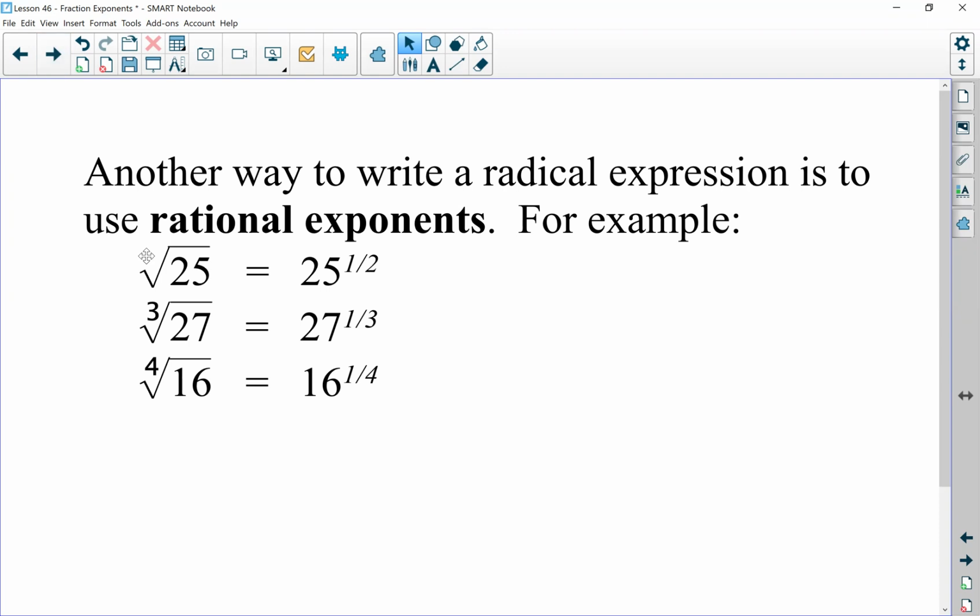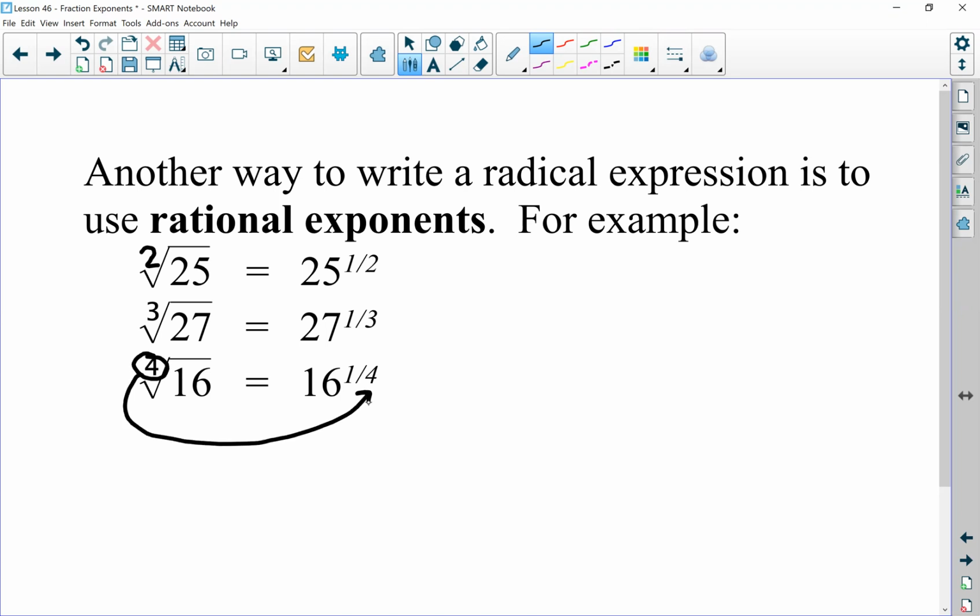There's no number on the root, but we could write it as a 2; it's called an index. The cube root of 27 would be 27 to the 1/3 power. And the fourth root of 16 would be 16 to the 1/4 power. And notice this thing that I call the index is the denominator of our power.